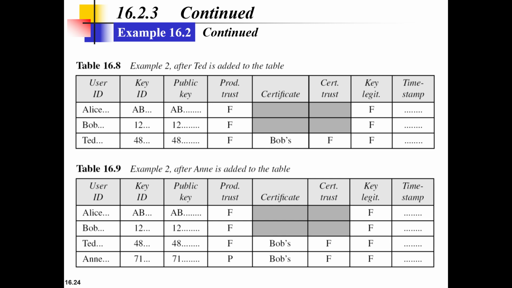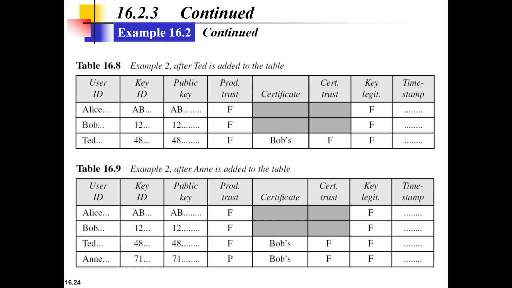Note that the value of the certificate field shows that the certificate was received from Bob. The value of the certificate trust is copied by PGP from Bob's producer trust field. The value of the key legitimacy field is the value of the certificate trust multiplied by 1. This is the weight.